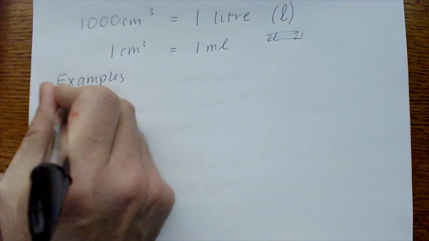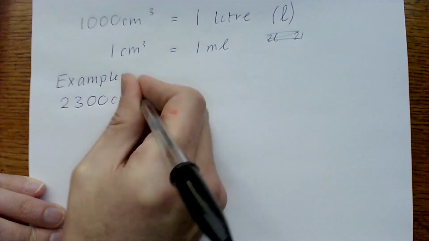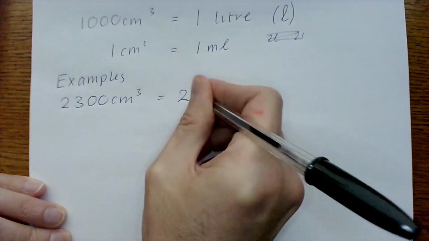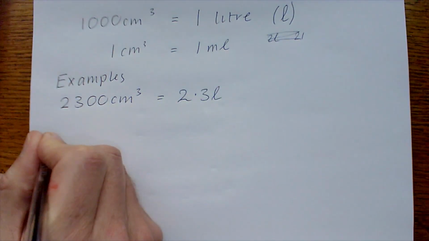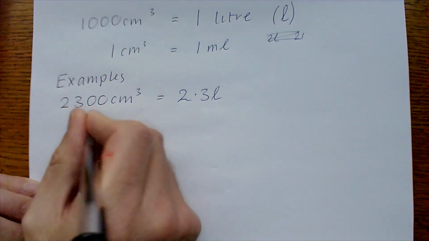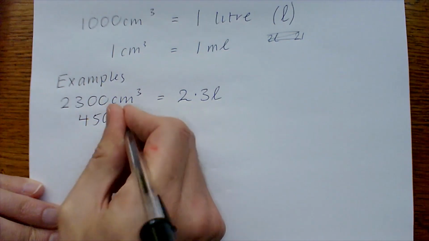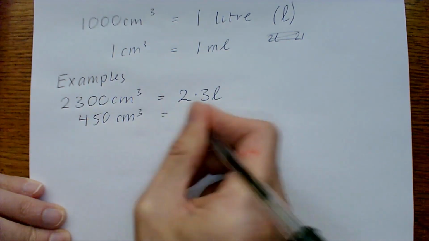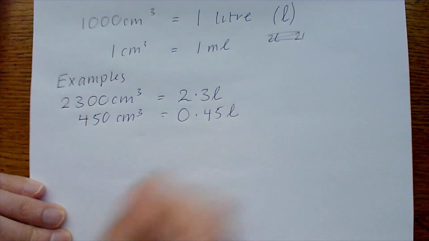So if we've got 2,300 cubic centimetres, we would say that was 2.3 litres. If we had 450 cubic centimetres, that's less than 1,000, so it's less than a litre, 0.45 litres.